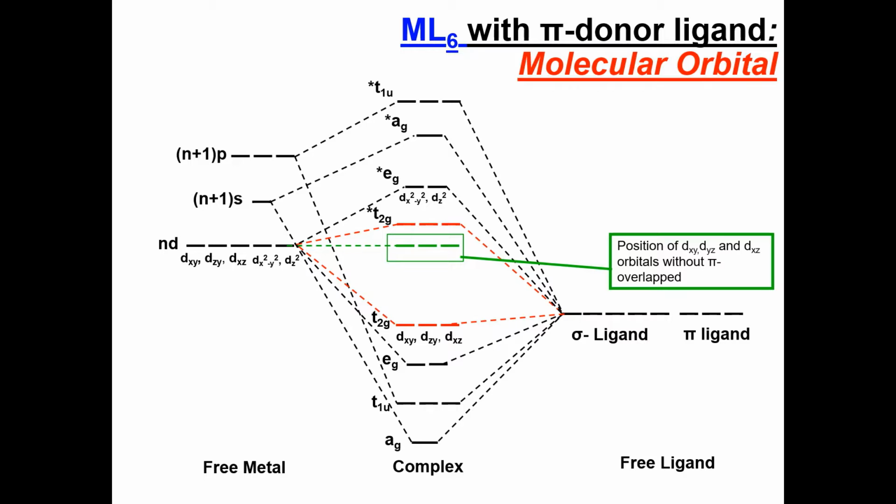Now we look at the molecular orbital theory with the pi donor ligand. By definition, a pi donor ligand involves the interaction between the d pi and d pi. The first d pi is from the metal, and this one comes from the ligand.